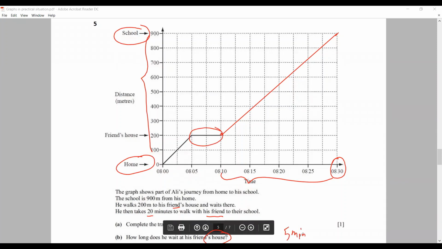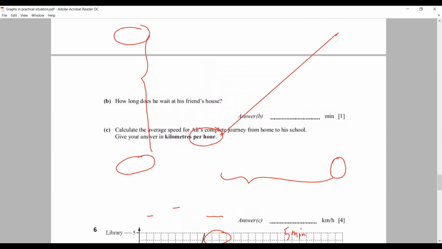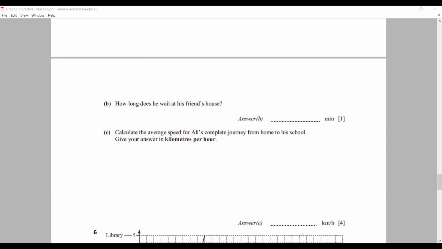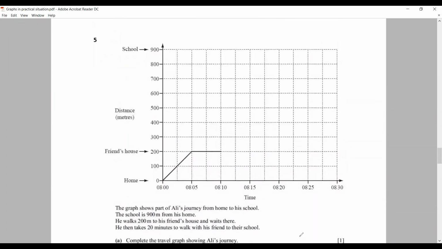Next question. How long does he, I'm sorry, that question is repeated. Calculate the average speed for Ali's complete journey from home to his school. Give your answer in kilometer per hour. So average speed is basically total distance over total time. Now, in this case, you do not need to actually find the area under the curve, because this is already a distance versus time graph.